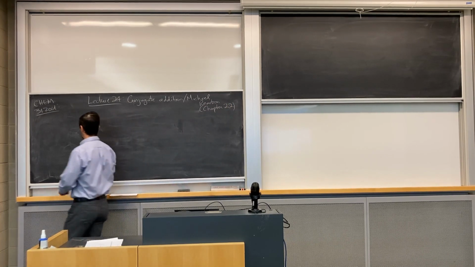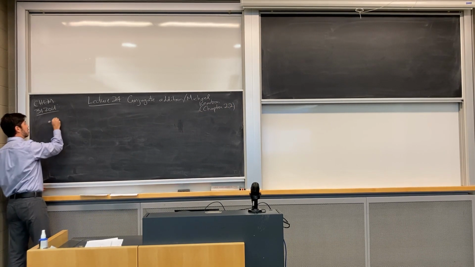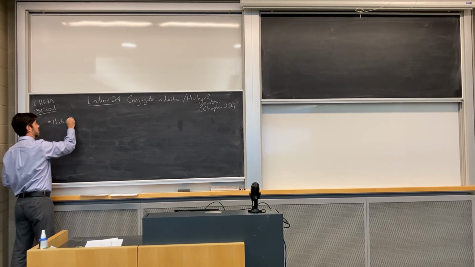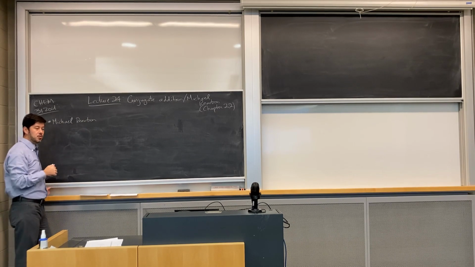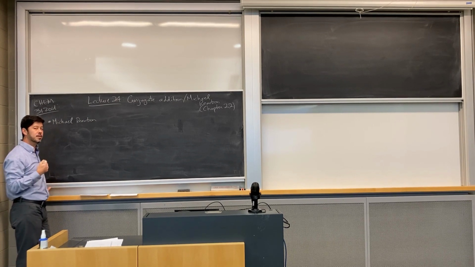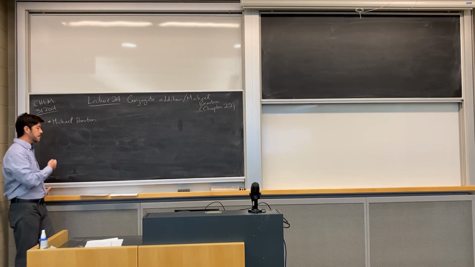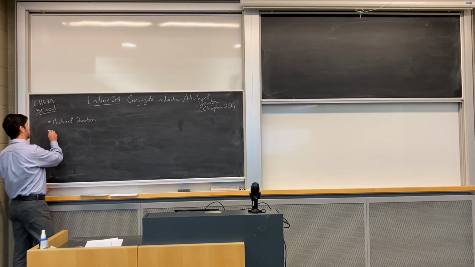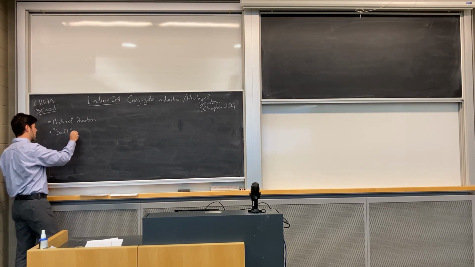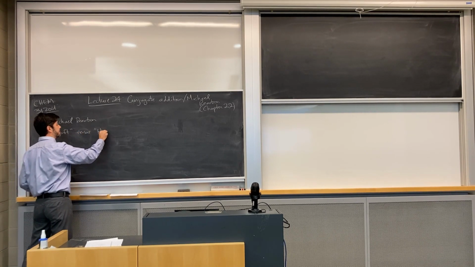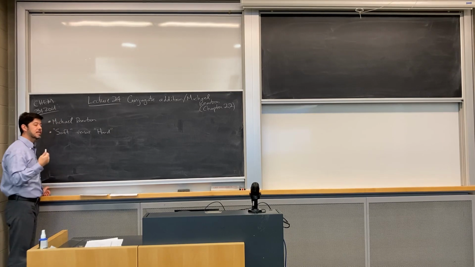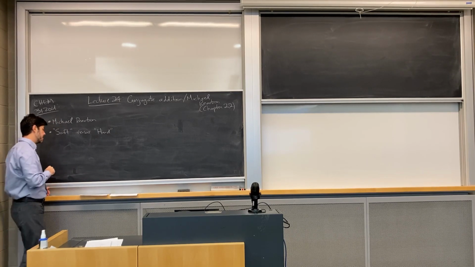Chapter 22. First we're going to talk about the Michael reaction. We'll spend a lecture on that, talking about the differences between 1,2 addition and 1,4 addition. We'll talk about the energetics. Later on, we'll talk about things like soft versus hard theory and how that can help us predict and control the Michael reaction.